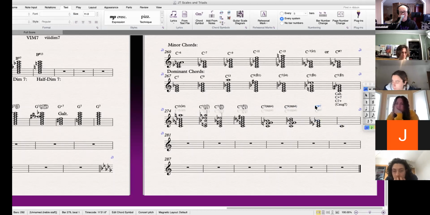Okay, so here's why it belongs to the dominant family, and I illustrated that before. C is the 5th of, oh, wait a minute. Okay, don't think of this in terms of that.